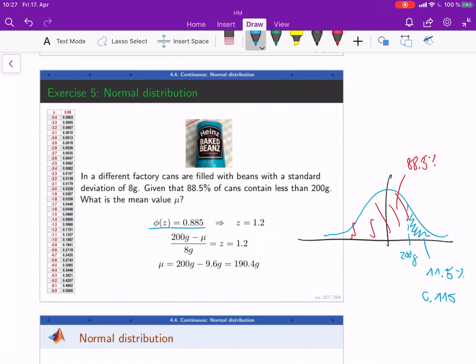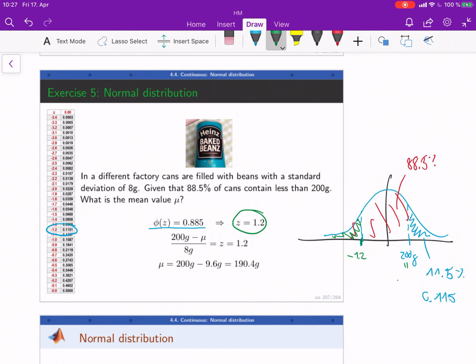So I would get the same thing symmetrically here, and now I can look in my table and I see, okay, 0.115 is something I get at 1.2 sigmas. Yeah, that's the key information. So from 1.2 sigmas out, I get this area. So this here would be minus 1.2 sigmas, and the mirrored identical area is up here.